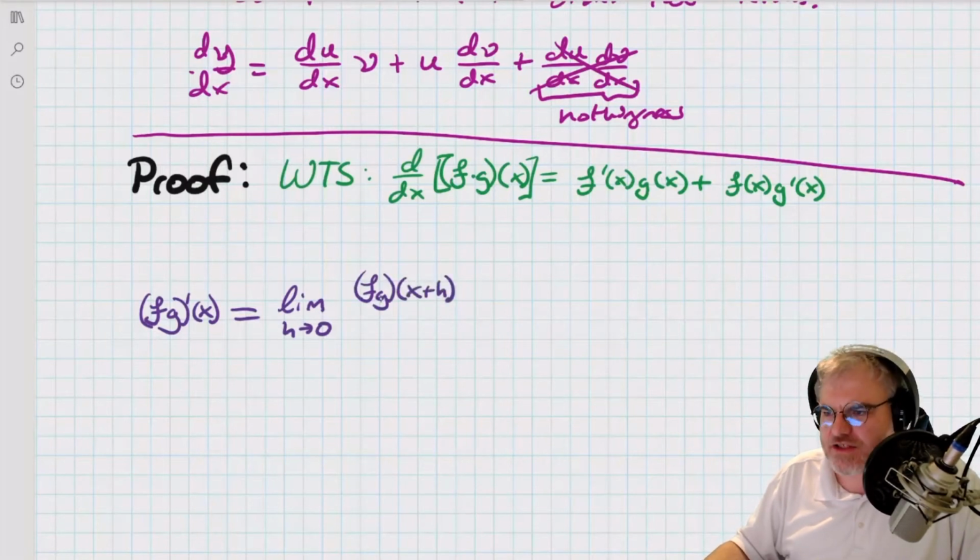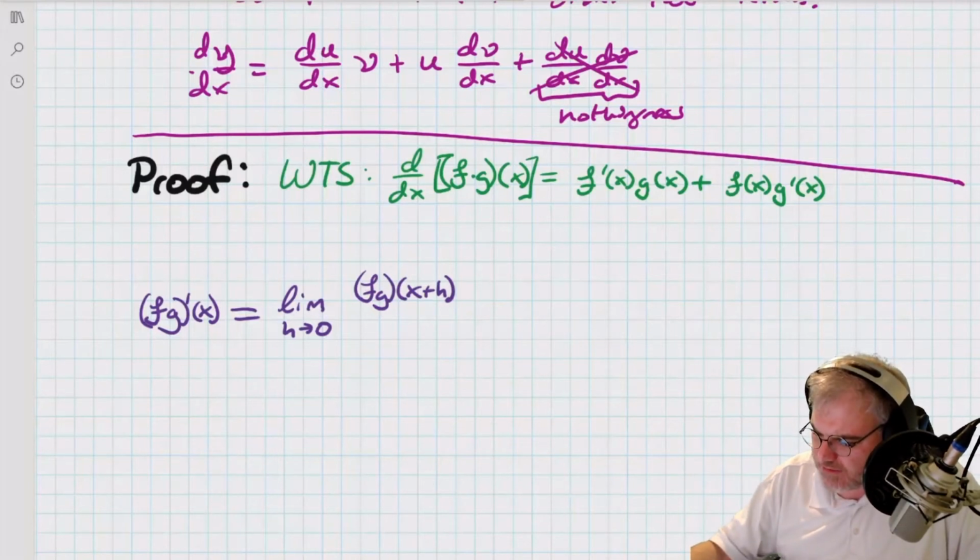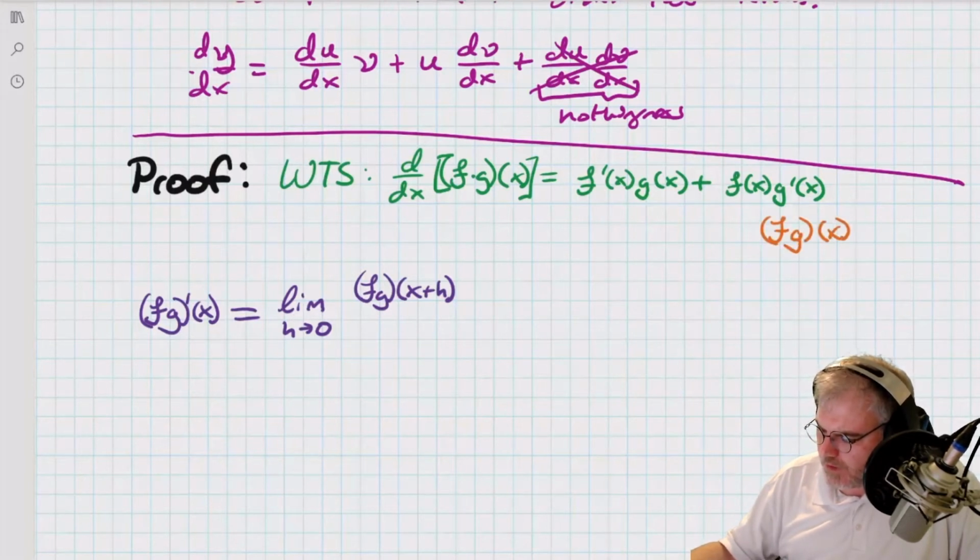And I can't just distribute that. Remember, f times g means something. f times g of x equals f of x times g of x.